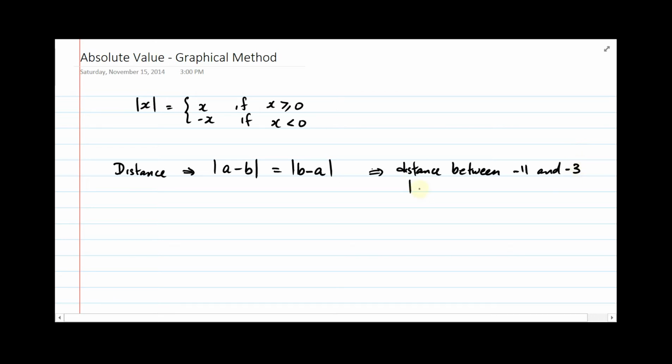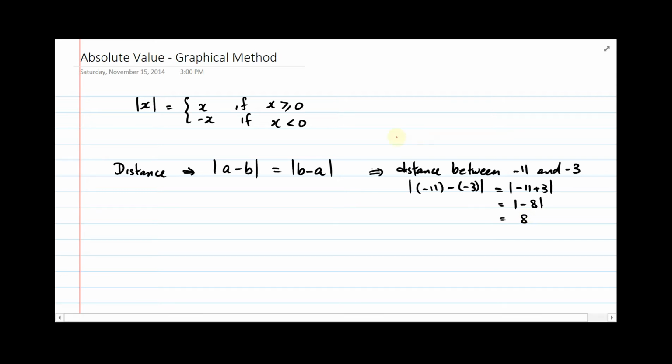All I'd have to do is put in negative 11 minus negative 3, and we would end up with the absolute value of negative 11 plus 3, the absolute value of negative 8, and the absolute value is 8.